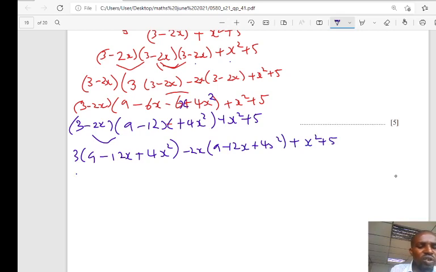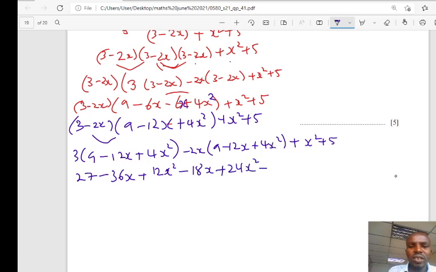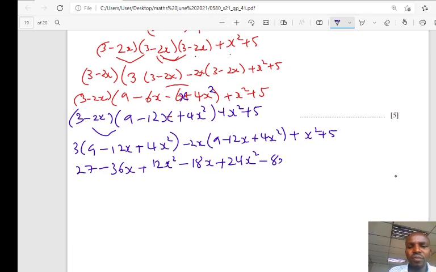Simplifying, it will be 27 minus 36x plus 12x squared, minus 18x plus 24x squared minus 8x cubed, plus x squared plus 5.